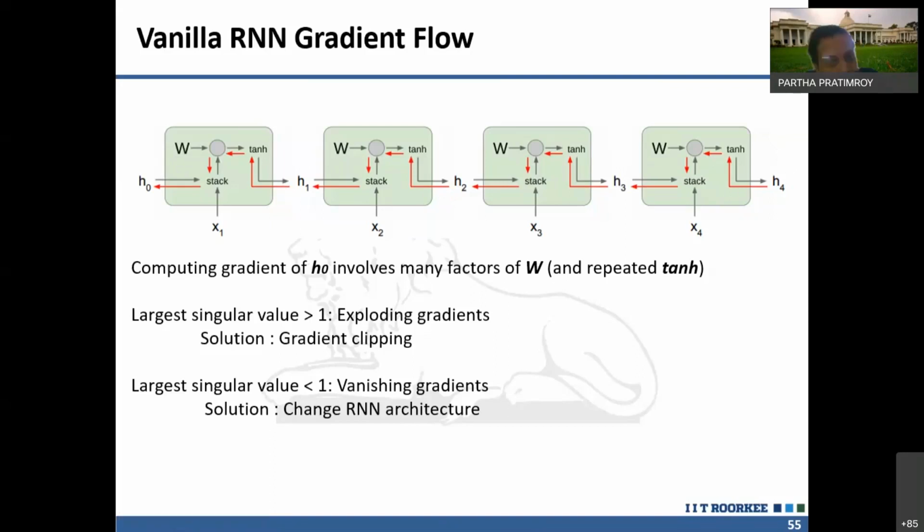Now the problem is that you will have many states, many frames. If you are considering the gradient operations, sometimes some values will be large.